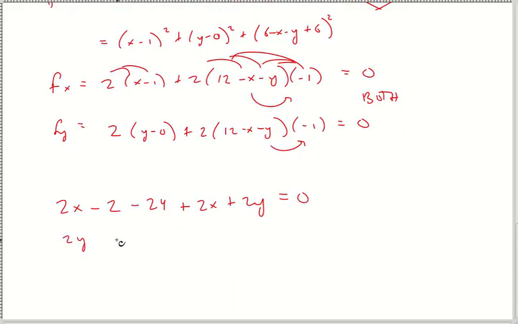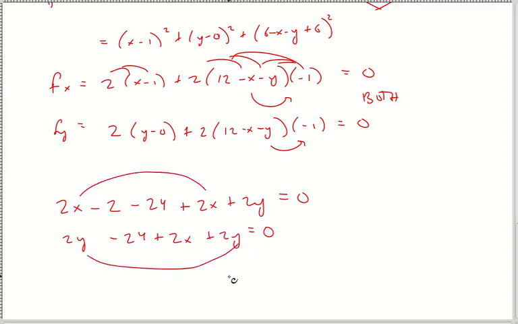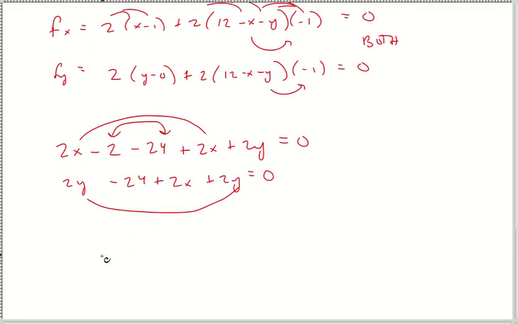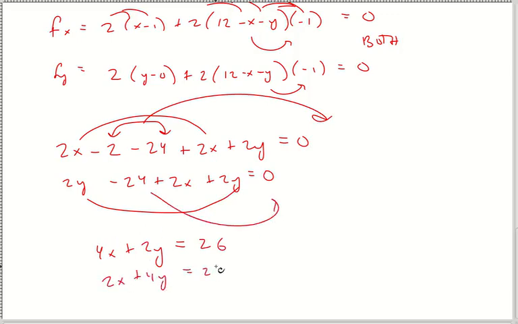Again, distribute the minus sign, so it'll be minus 24 plus 2x plus 2y. These guys will combine. These will combine. And these will combine. And so I'm just kind of setting it all up here. So I got 4x plus 2y. And then this will be a negative 26. I'm going to move that to the other side, actually, over here to make a 26. And then over here we got 2x, now 4y. And I'm going to move that 24 to this side.